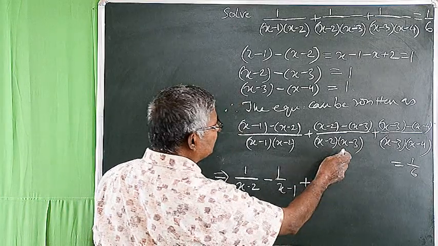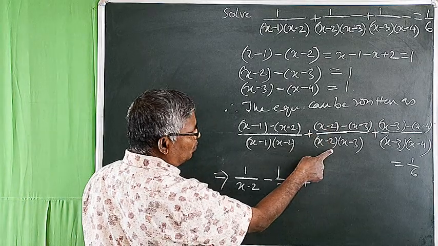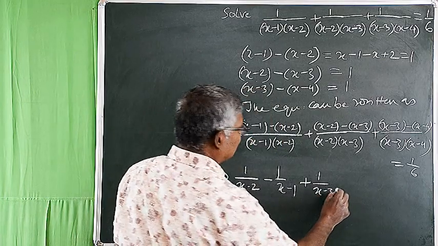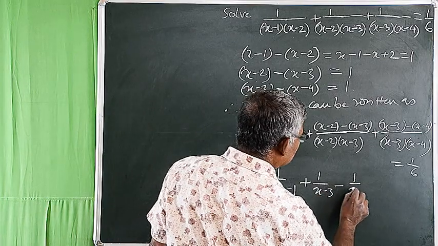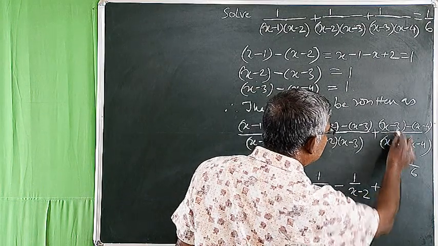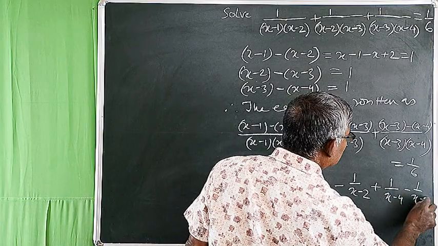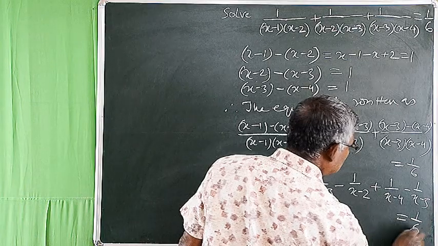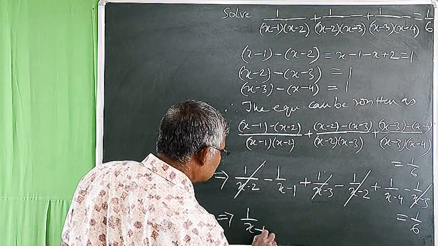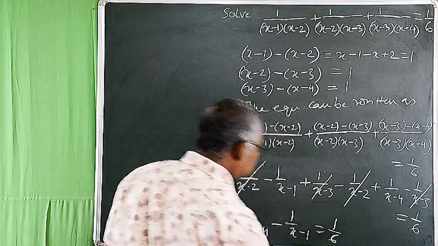From the second term we get, whenever x - 2 is divided by (x - 2)(x - 3), it can be written as 1/(x - 3), and the next term is 1/(x - 2), and here we can write 1/(x - 4) - 1/(x - 3) = 1/6. So we get 1/(x - 4) - 1/(x - 1) = 1/6.